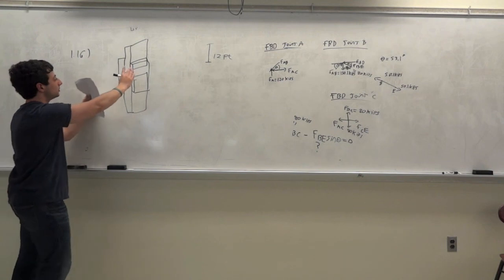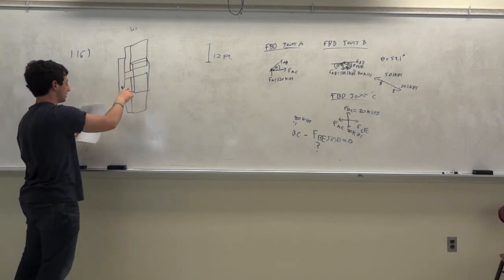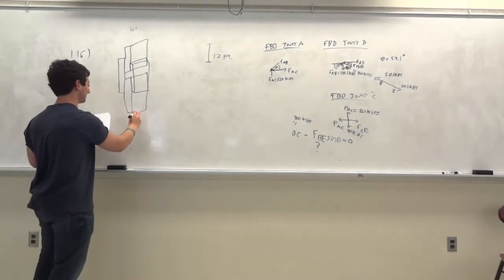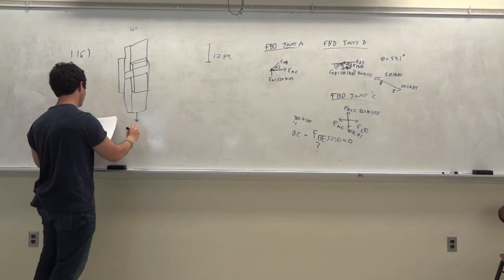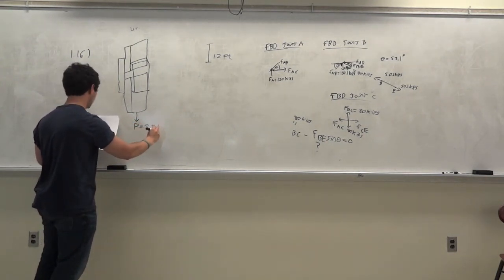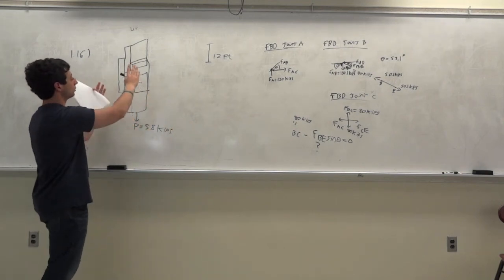It's like a sandwich. There's two blocks, and there's a block here and a block here. Do you guys see what I'm trying to draw? Okay, this is 5.8 kips. Basically they're glued together.